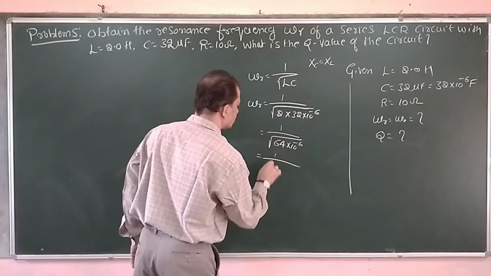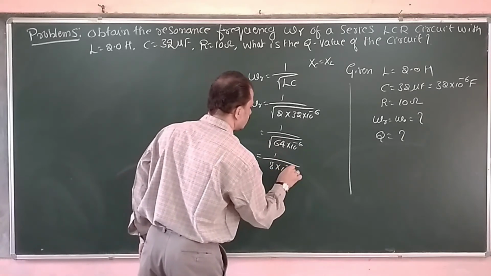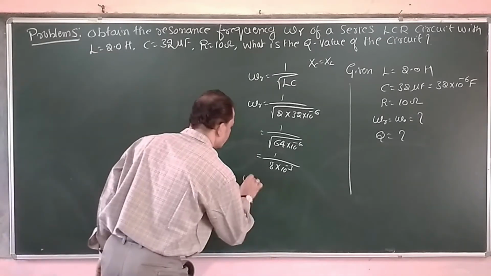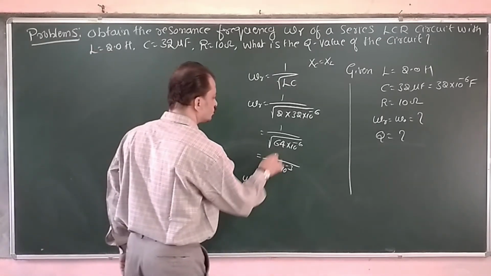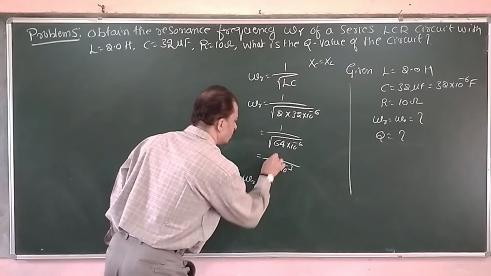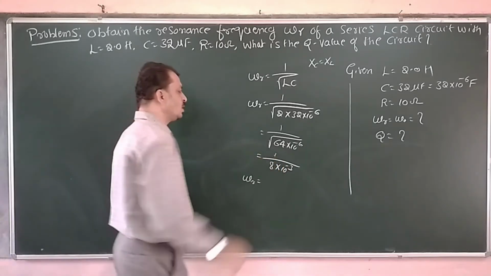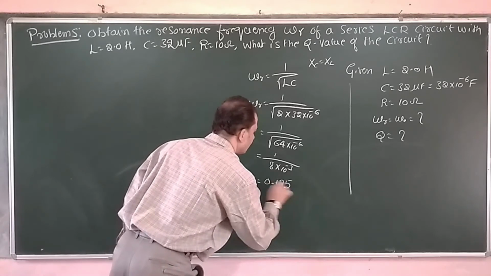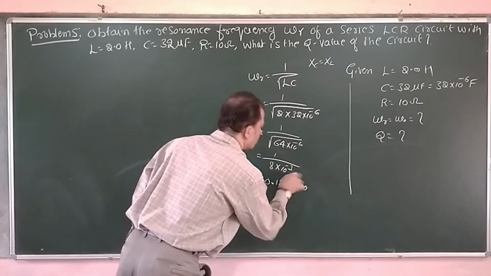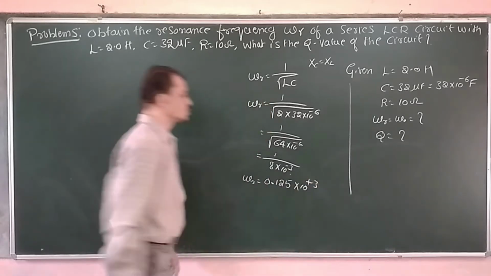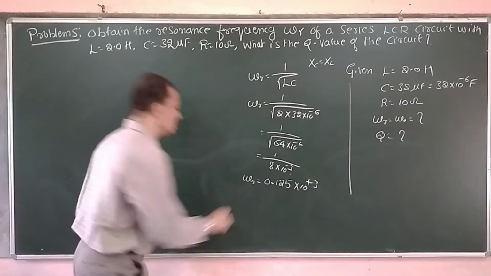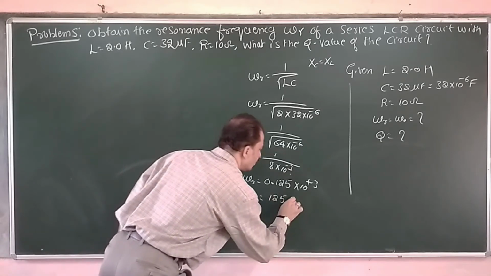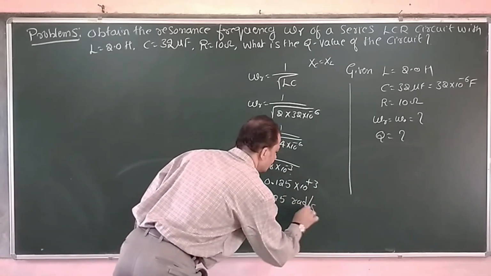So square root of 64 is 8 into 10 to the power of minus 3, or omega r is equal to 1 by 8 into 10 to the power of 3. 1 by 4 is 0.25, 1 by 8 is 0.125 into 10 to the power of minus 3 goes to the numerator, it becomes plus 3. Therefore, we are getting the resonance frequency as 125 radian per second.